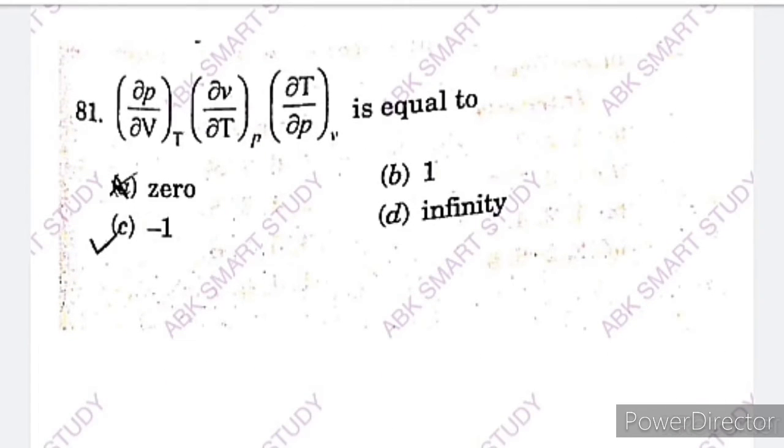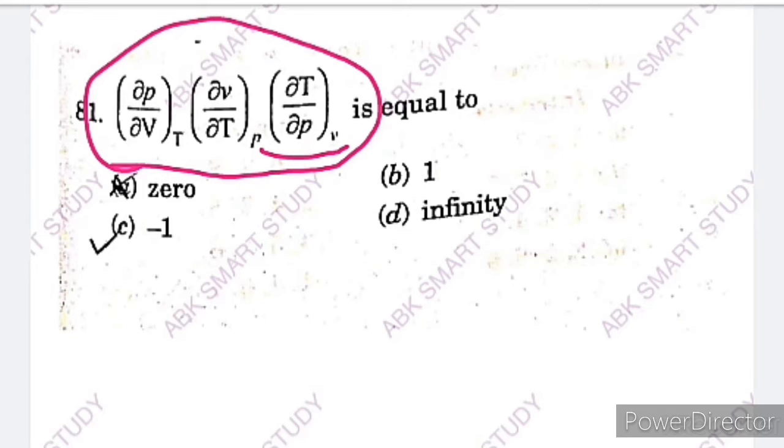The integration of dP upon dV at constant T, times dV upon dT at constant P, times dT upon dP at constant V, is equal to. So here the given relation is cyclic, and we know for the cyclic relation its value is always equal to -1.